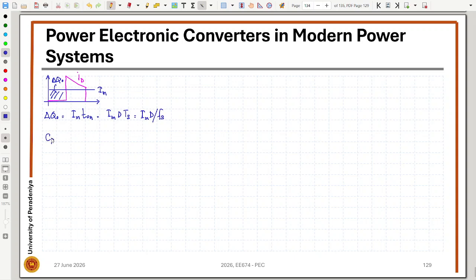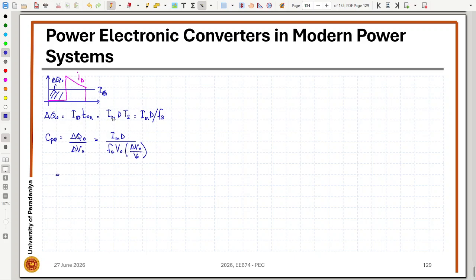We can write Cp out as delta Q out over delta V out, which would be I in times D over Fs times V out times delta V out over V out. So this should actually be I out, not I in.